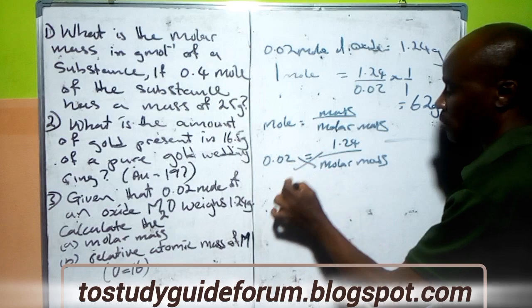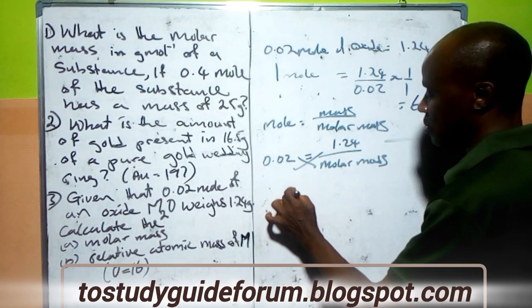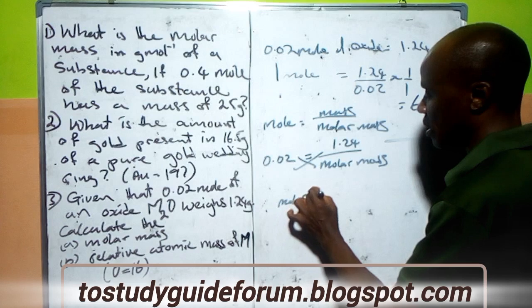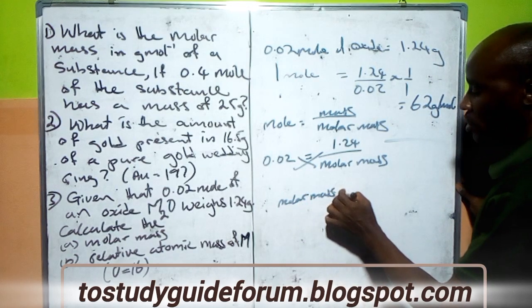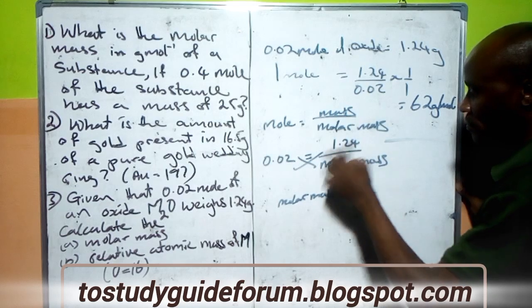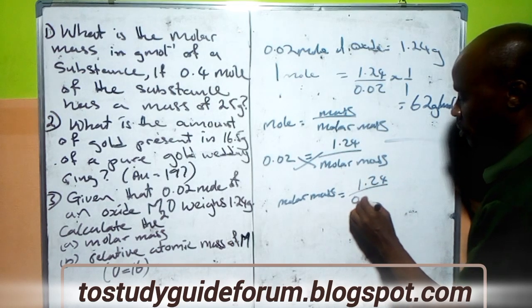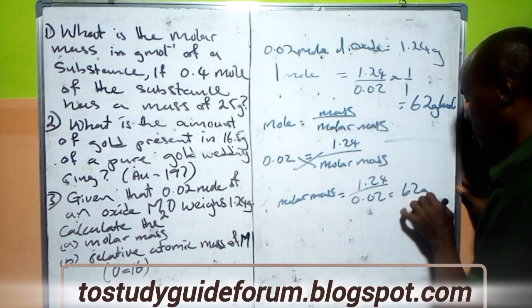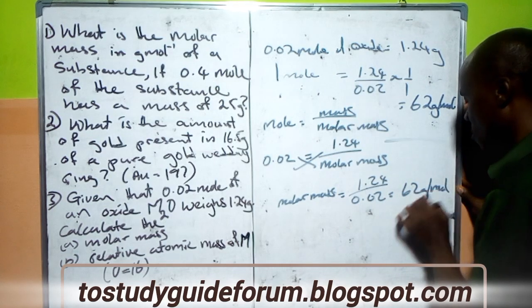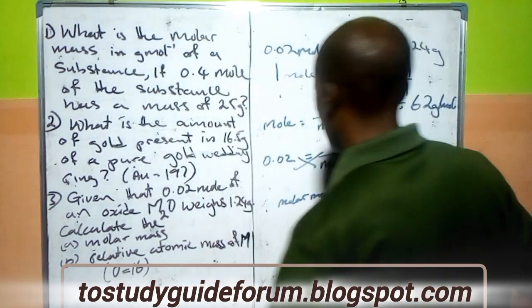If we cross multiply, making molar mass the subject of the formula, we have 1.24 all over 0.02. That comes back to the same thing we have here, gram per mole. So in this case, we are able to get this done.